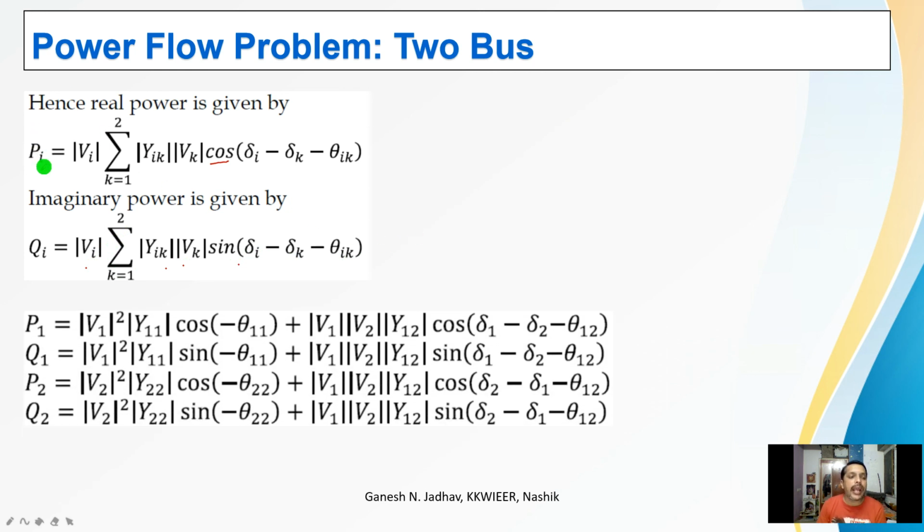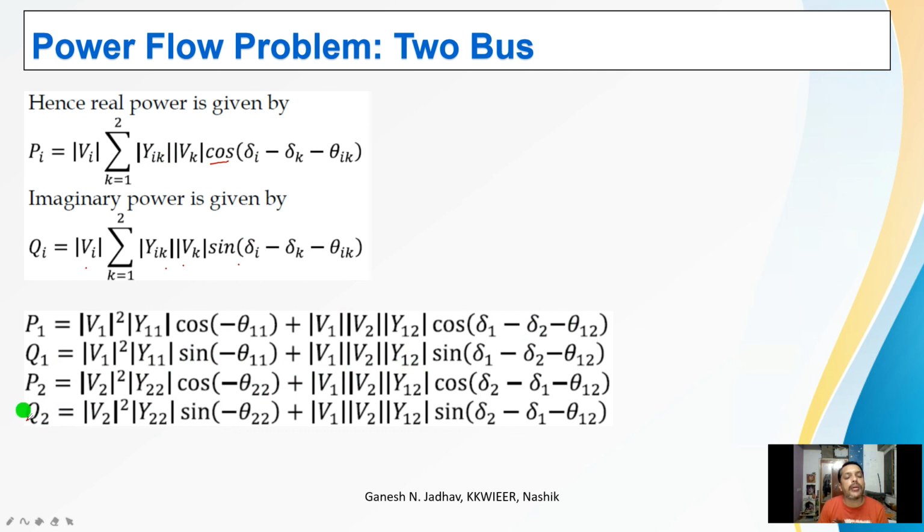Suppose I substitute i equal to 1, this will become P1, Vi will become V1. When k is equal to 1, this will become V1 Y11 V1, delta 1 minus delta 1 will be cancelled, so minus theta 11. So V1 square Y11 cos of minus theta 11. Suppose I substitute k equal to 2, then V1 into V2 into Y12 cos of delta 1 minus delta 2 minus theta 12. Similarly it can be written for the reactive power.